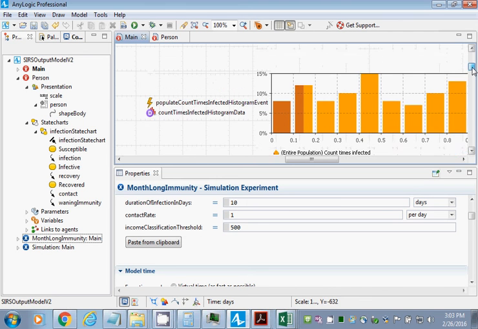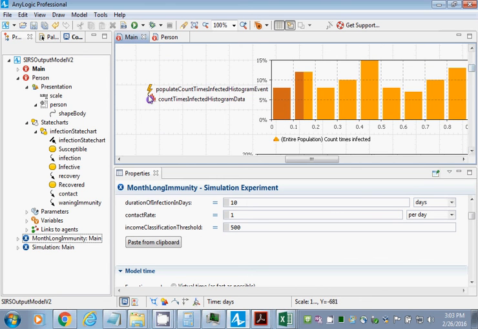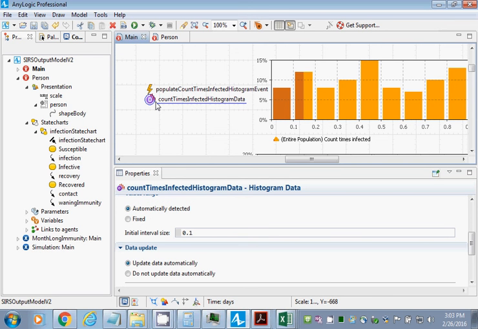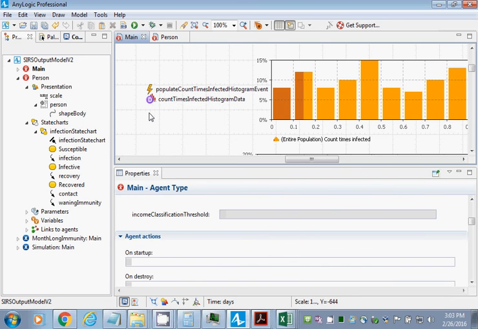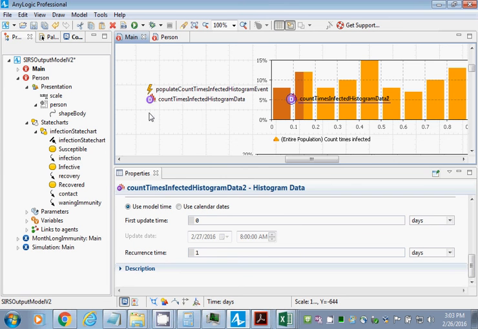So ladies and gentlemen, I've just taken this histogram data object and I pasted it 2 times here. The first one we'll just leave the same. The second one will be histogram data low income. And the third one will be histogram data high income. Otherwise, we leave them the same.